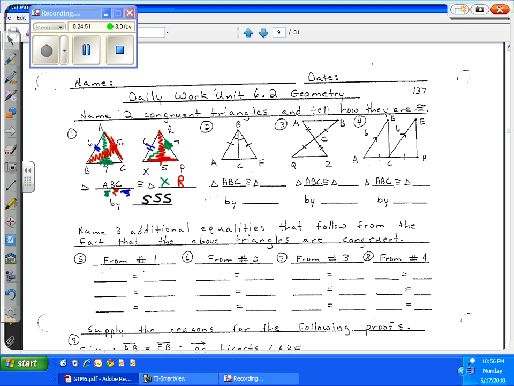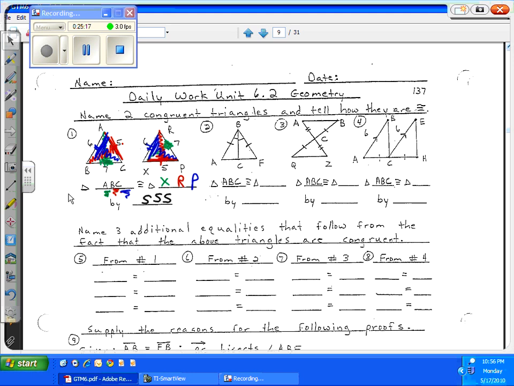C, the last one, was opposite the blue. So we would look opposite the blue or just pick the only thing left, which is P, so C goes to P. So they are congruent by side, side, side, and we looked opposite equal sides to find equal angles, and we named those corresponding angles equal.